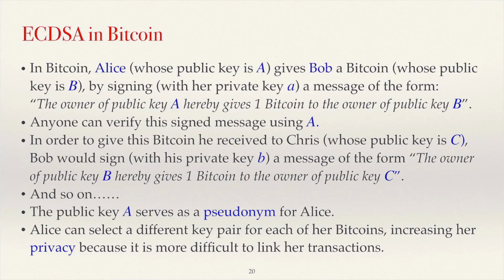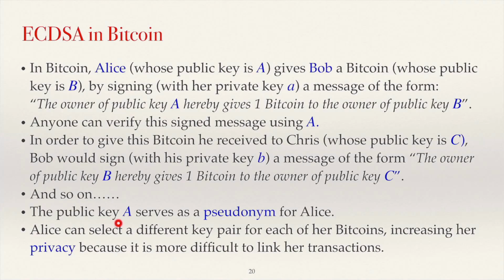Chris and other people can verify the authenticity of this signed message using the public key B, which is in that signed message. Notice that this public key is the same as this public key. So in the first message, this is the receiver public key. In the second message, this is the signer's public key. Similarly, Chris could then give this Bitcoin to another party, and so on.